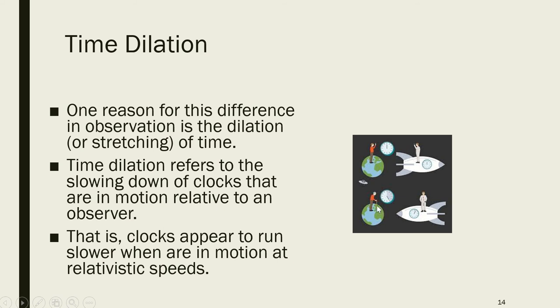So, a person on Earth observing someone moving at really, really high speeds, the person on the spaceship, their time is going by as normal, clocks appearing as normal. But for that stationary observer observing that spaceship going at relativistic speeds, they're actually seeing this clock run slower. And later on, we'll talk about the applications of this in space travel.